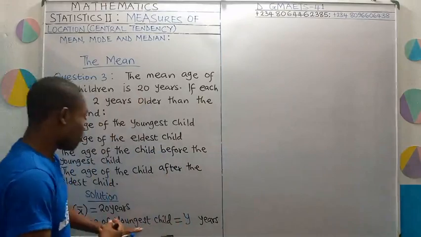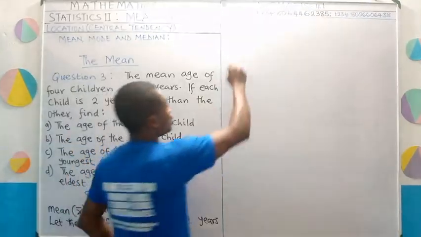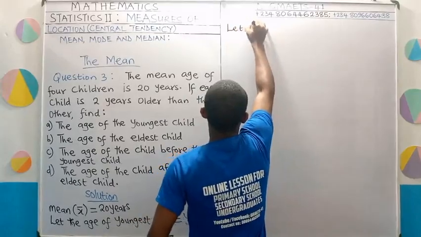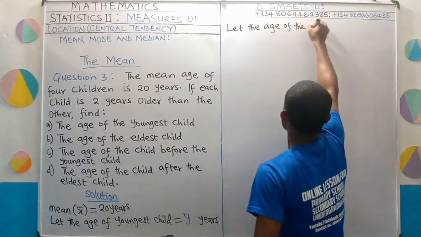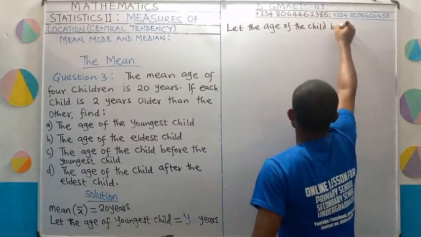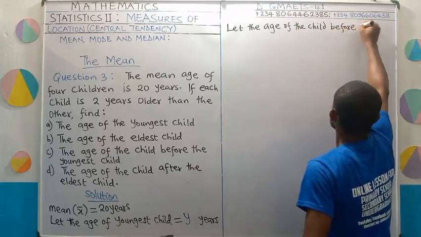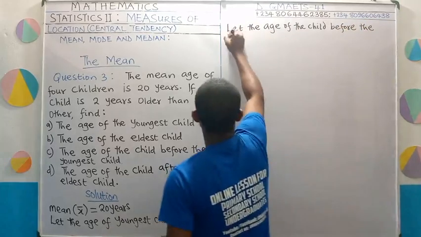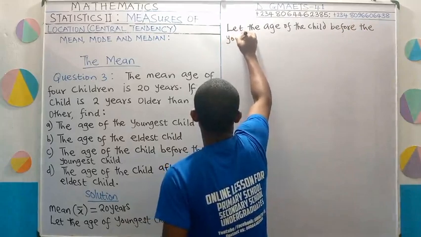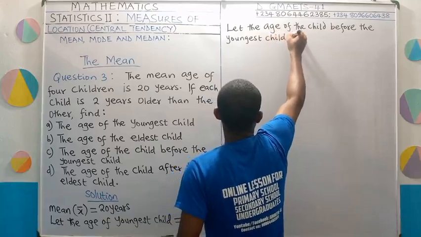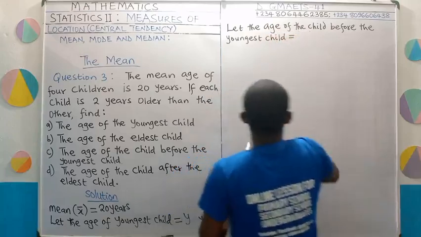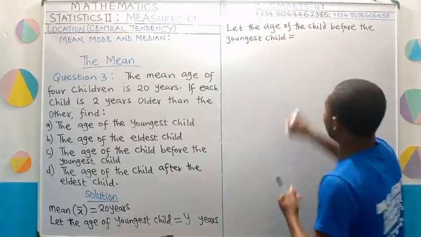You're going to write that. Let the age of the child before the youngest child be equal to y plus 2.